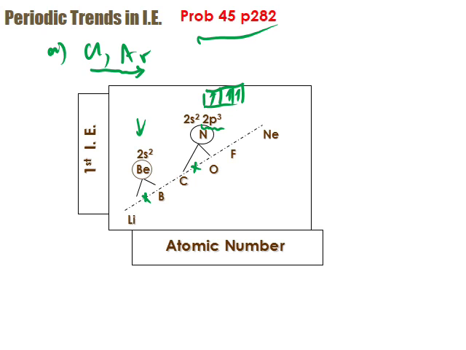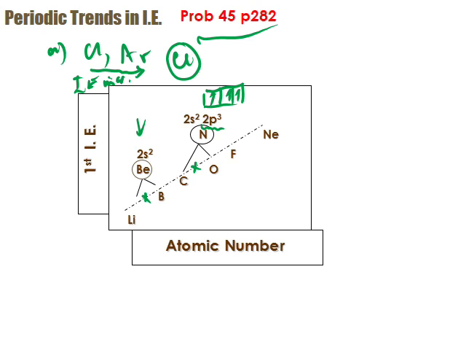So in this particular case, between Cl and Ar, Cl would have the smaller value of first ionization energy. So answer is Cl with the smaller first ionization energy. So let me write down here, IE increases.